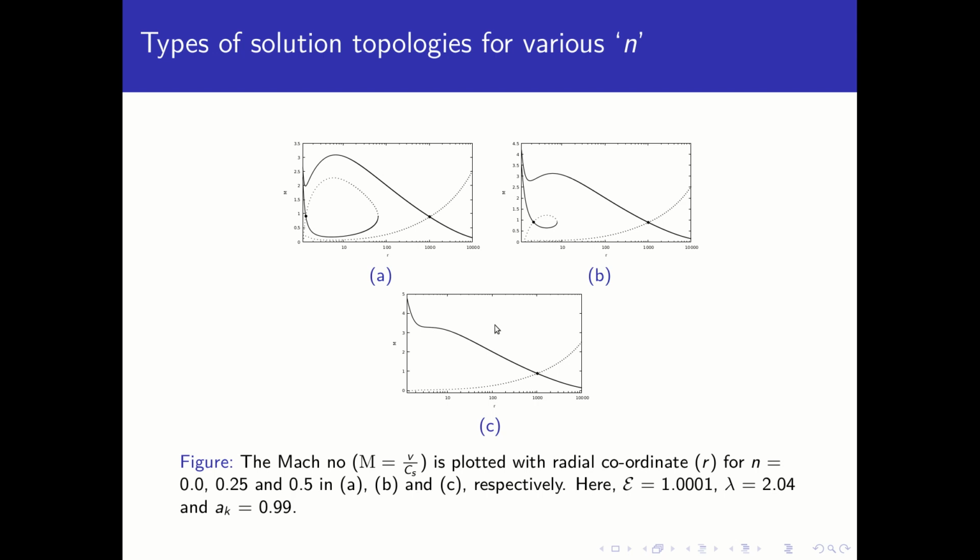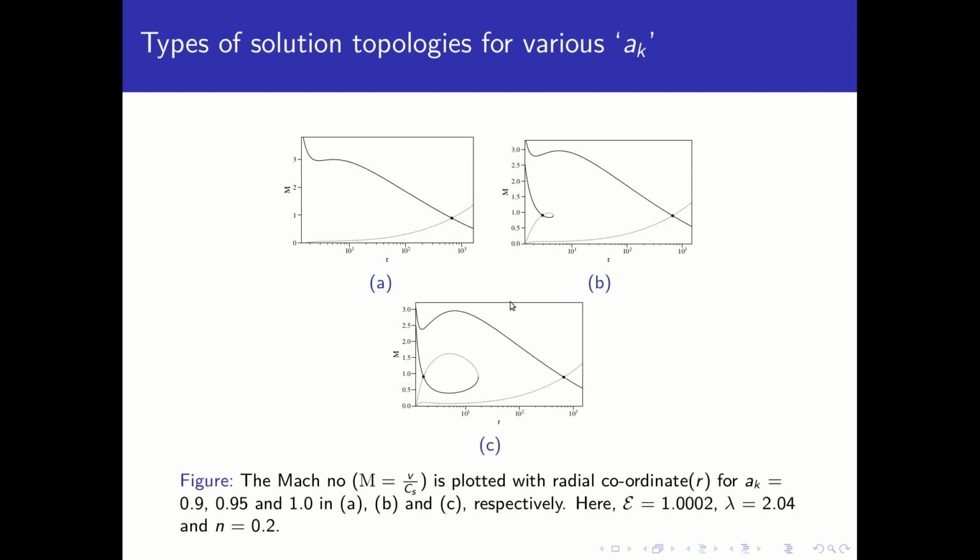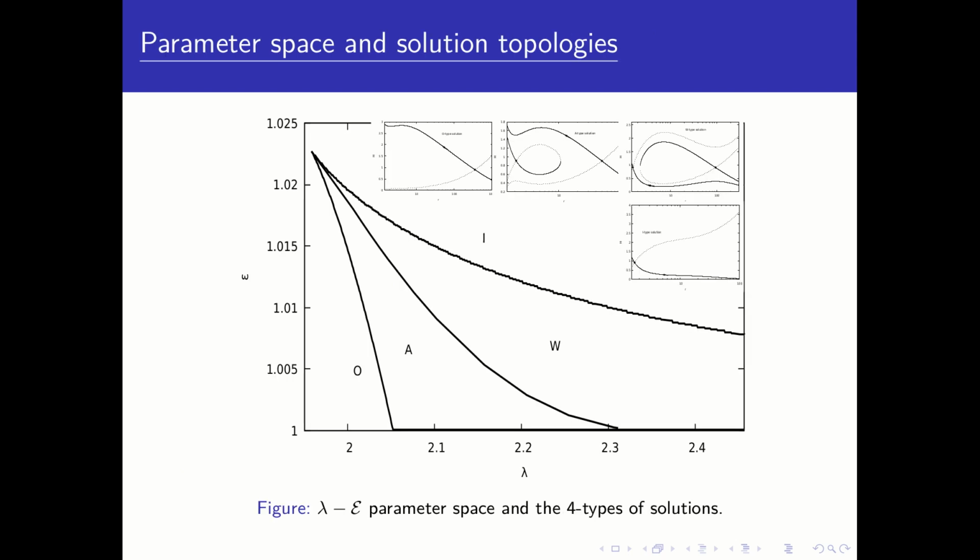As we increase the NUT parameter, we get one critical point from two critical points. But if we fix the NUT parameter and change the Kerr parameter, this is for the lower value of the Kerr parameter, 0.9, and this is for the greater value, 1.0. As we increase the Kerr parameter, we get two critical points from one critical point. So the solution topology also behaves in the opposite manner because of the Kerr parameter and NUT parameter.